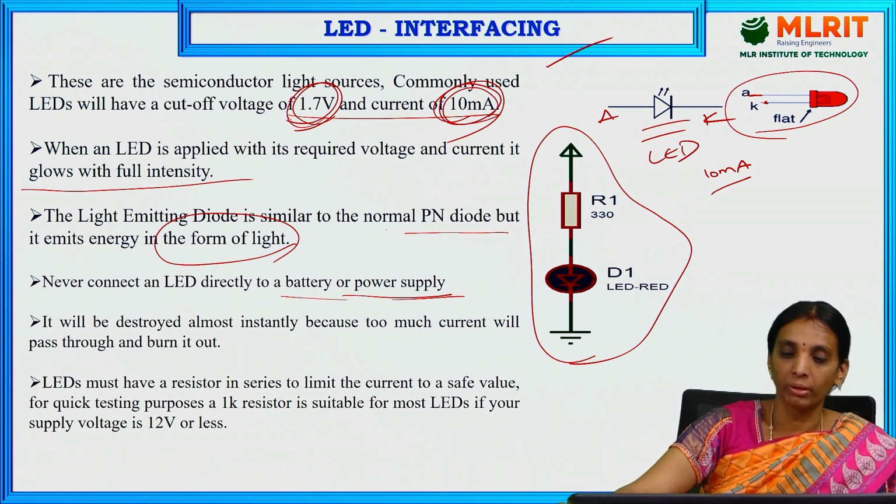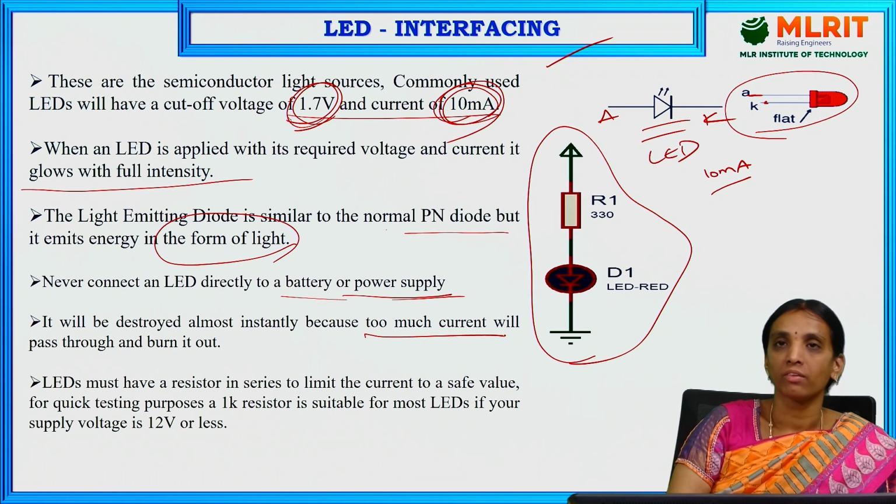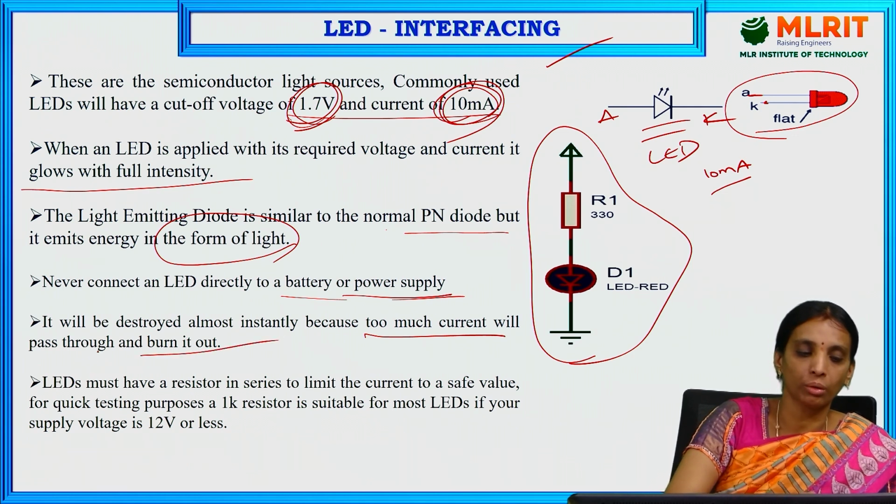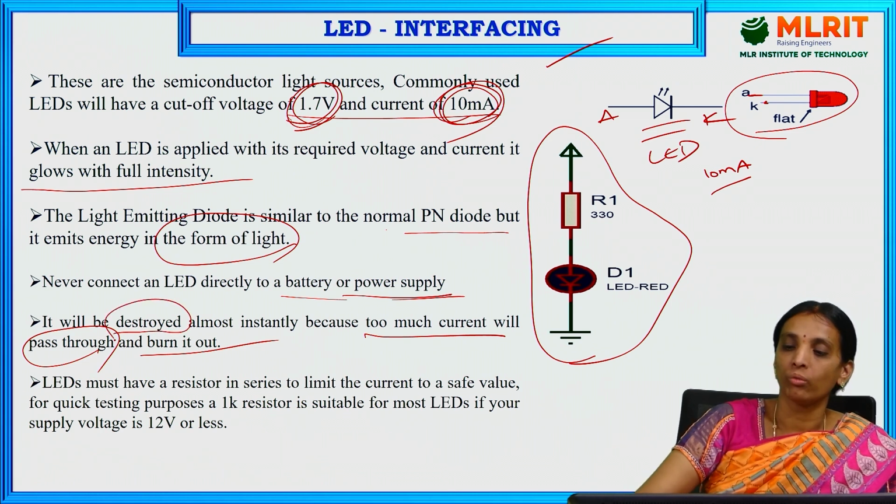Because of that too much current, the connected components may burn out, or it may destroy the entire device. Therefore we do not connect the LED directly to the battery or power supply.